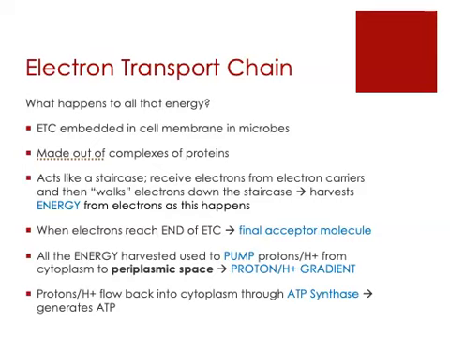At the bottom of the staircase, the electrons still have to go somewhere. We can't just leave them at the bottom of the electron transport chain. They have to go somewhere. They have to be received by a molecule. In other words, that molecule has to be reduced. And that's where oxygen comes in, or some other final electron acceptor.